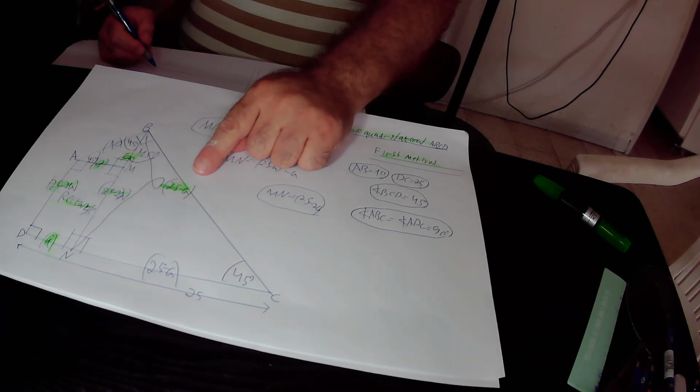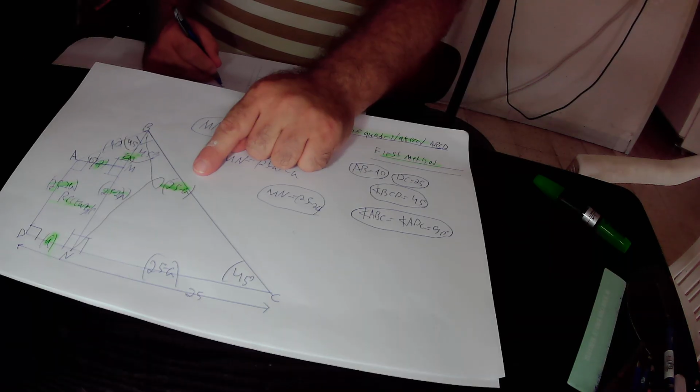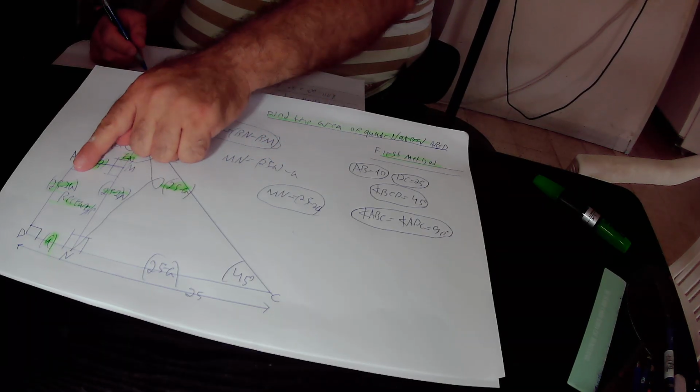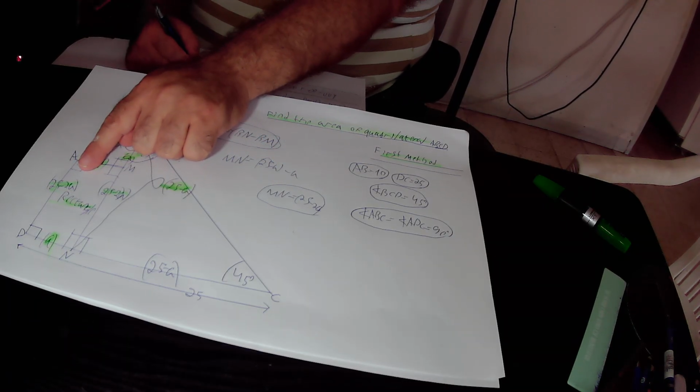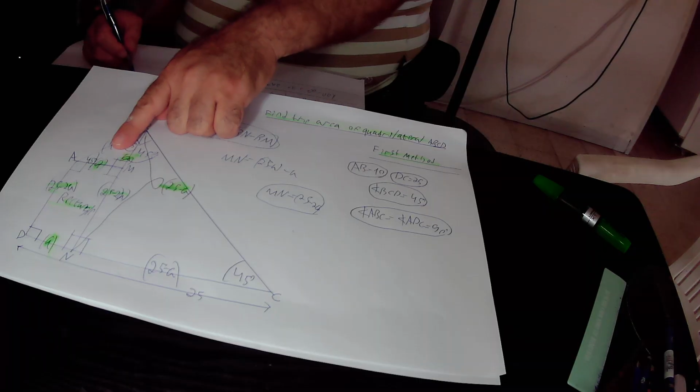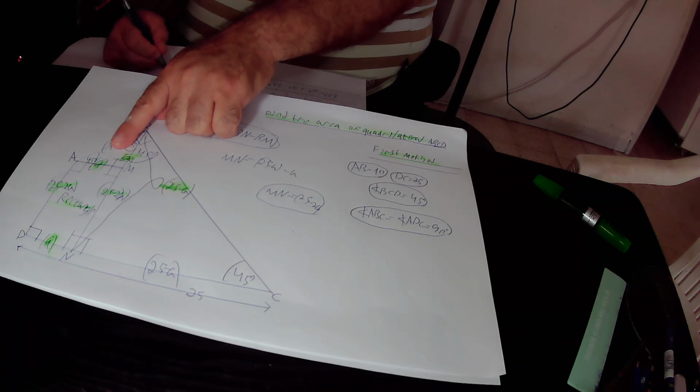BN equals 25 minus A, plus AD. AD equals 25 minus 2A, times the height AM. AM equals A, divided by 2.